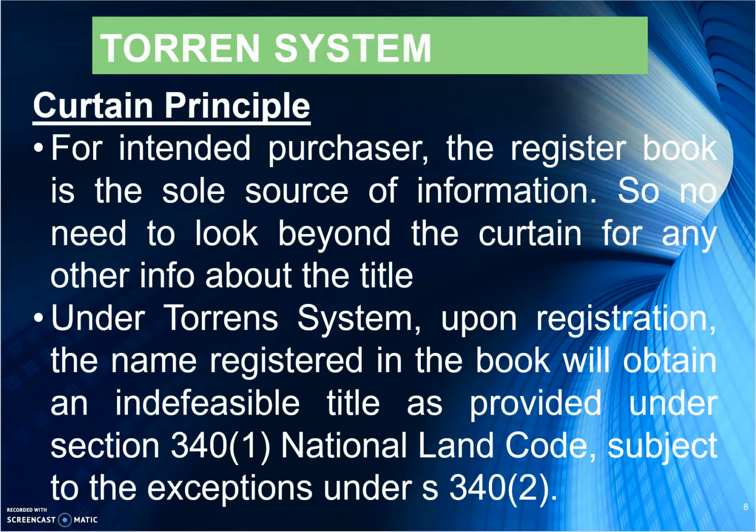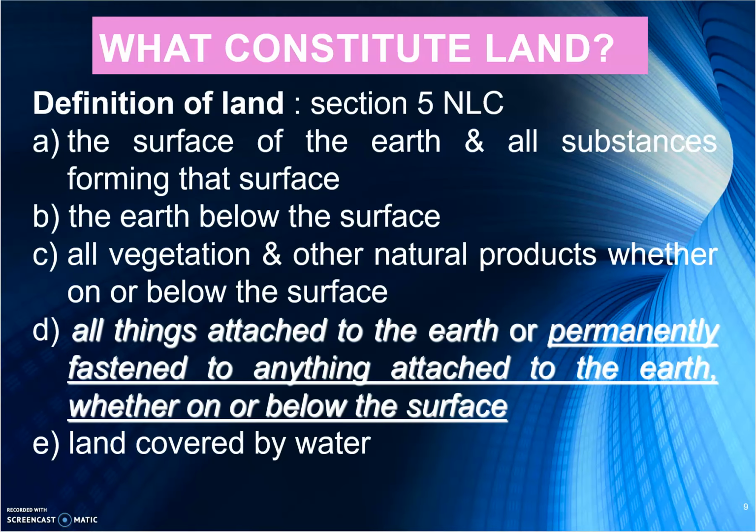Next, when we talk about land law, we need to know what land means. Land has been defined under section 5 of the National Land Code. This is a very long definition. First, the surface of the earth and all substances forming the earth, meaning everything on the surface of the earth. Secondly, the earth below the surface.